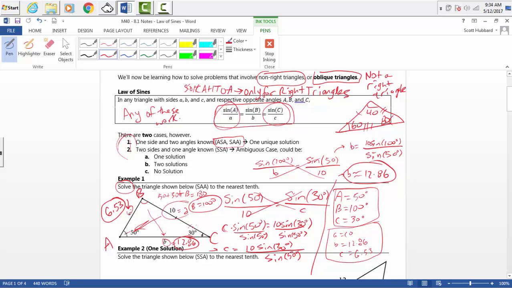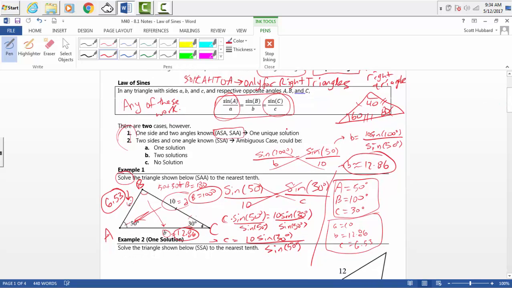So that's meant that we had this case. That's one unique solution. Now we got to be careful when we have this case. This is called the ambiguous case, when you have side, side, angle. So when it's ASA or SAA, this is pretty straightforward. So that is the easy case.